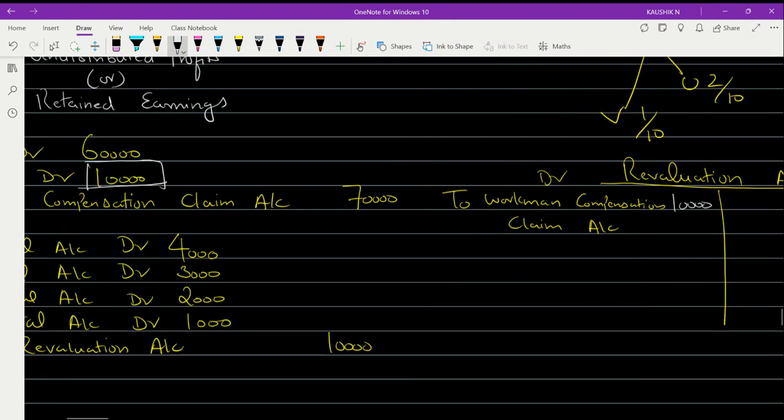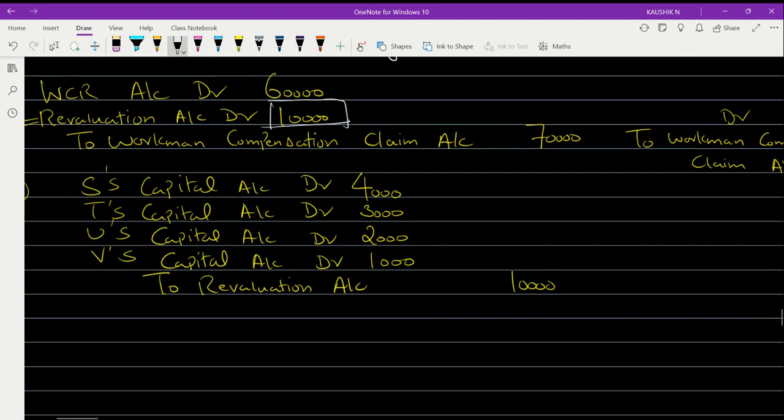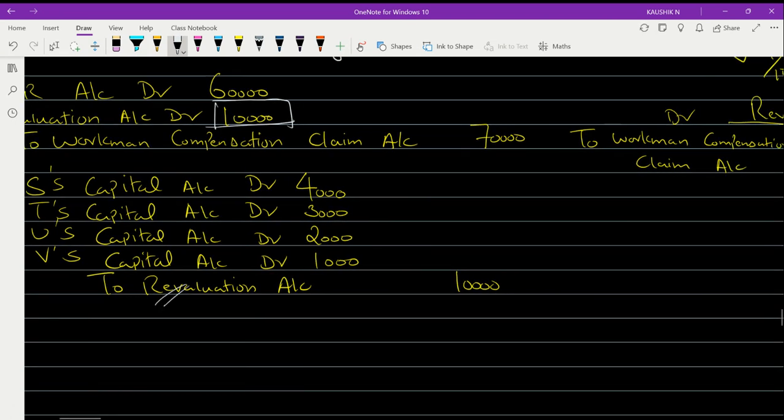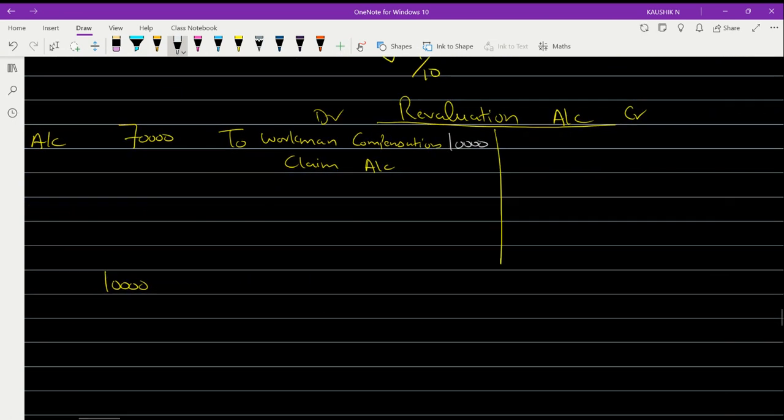The next is one more entry where you have revaluation appearing in the credit. So whatever items appear on the debit will be taken to the credit side of the revaluation account. It will be mentioned as by revaluation loss, and you'll mention the amount as 10,000.